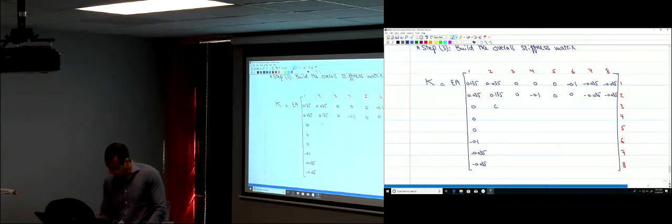And then the second row, identical to the second column.